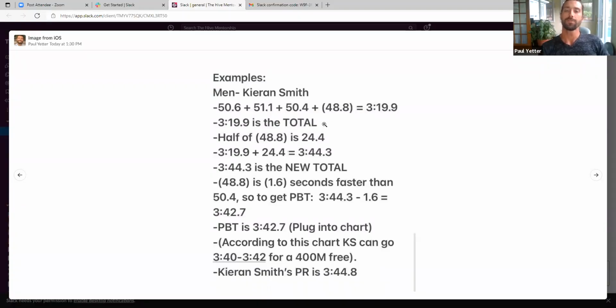He can swim a 4:07, and he can do it with a 47.6 back half. He can accelerate by a 1.6 factor. So I take that 1.6 seconds and subtract it from 344.3, the new total time. So 344.3 minus 1.6 is 342.7. Now that is considered to be his PBT.